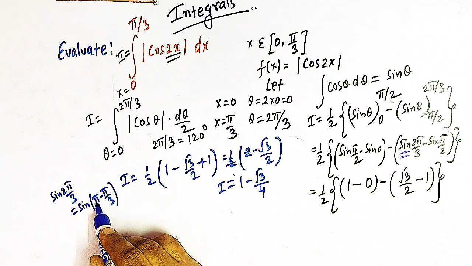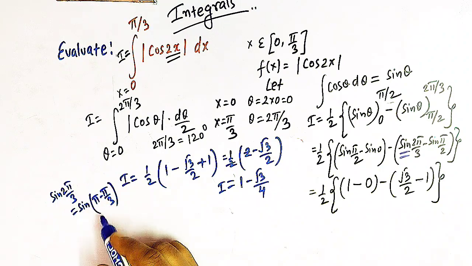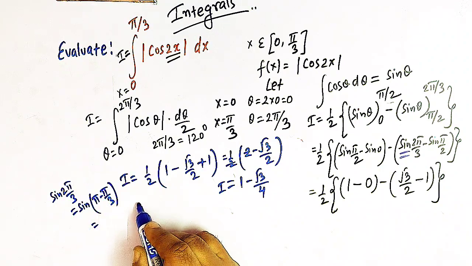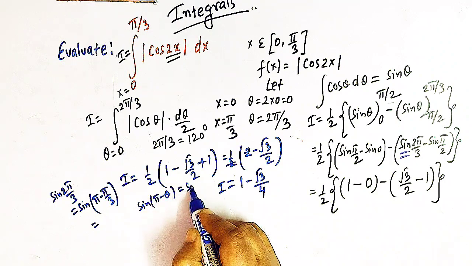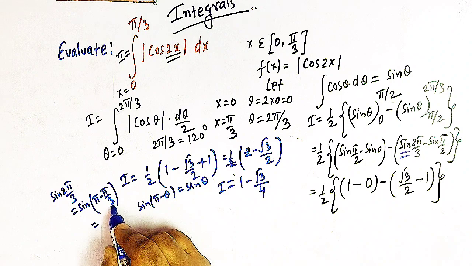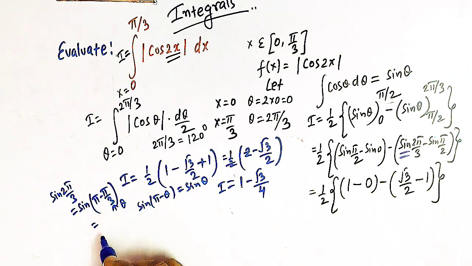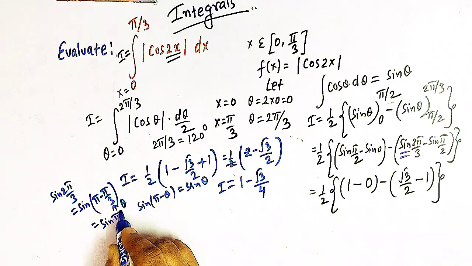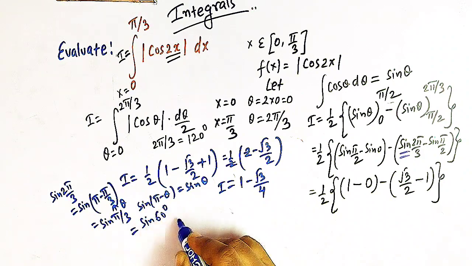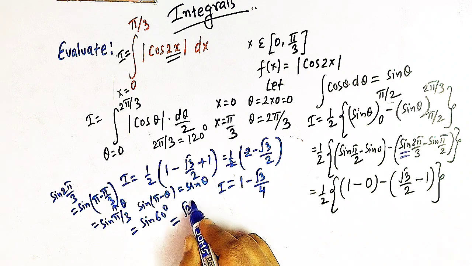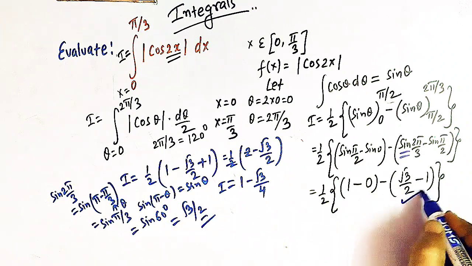So we have 3 pi minus pi, that is 2 pi by 3, and sine of pi minus theta is given by sine theta, and here theta is pi over 3. So we have simply sine pi by 3, and sine pi by 3 is sine 60 degrees. Sine 60 degrees is square root of 3 over 2, right?